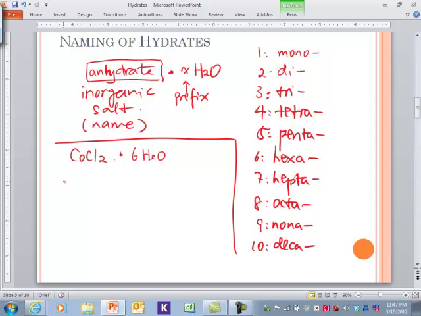So in this case, the name for this compound will be cobalt(II) chloride hexahydrate. That is the name of this hydrate.